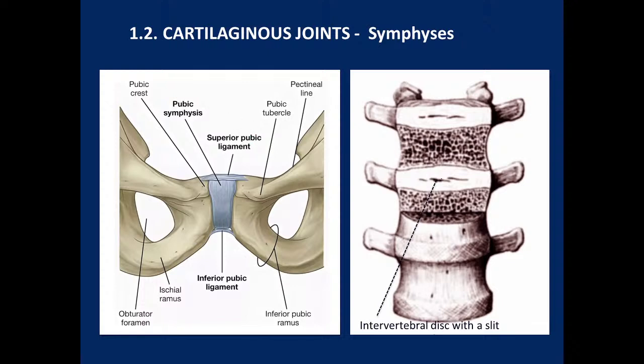As you see, this is a small space inside the cartilaginous joint. That makes it possible to call them symphysis. Here we could find symphysis between two vertebrae. The split is better visible in the lumbar vertebra. But also we could find symphysis here.